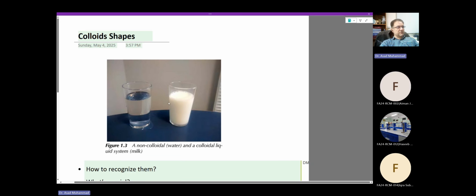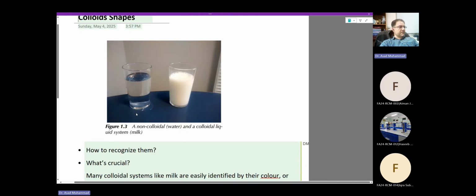If you have that kind of thing, then that will be an emulsion. And there you will see that the color of the emulsion is white. So white color is a manifestation of the formation of an emulsion. But if you have a transparent type of liquid, then it is most probably a solvent.